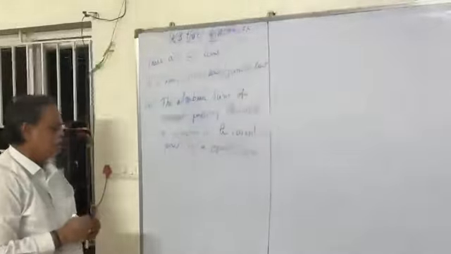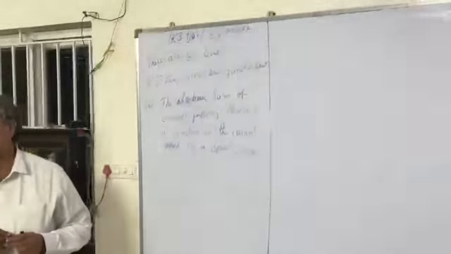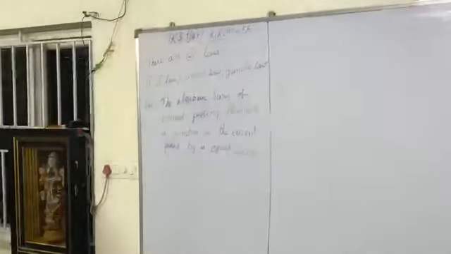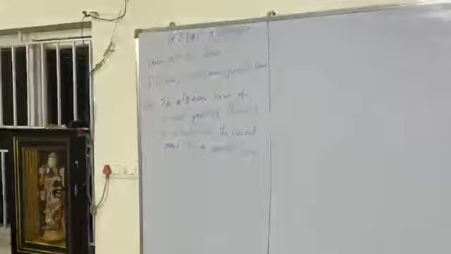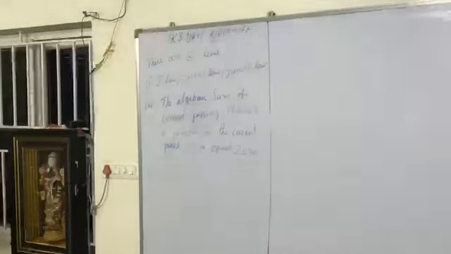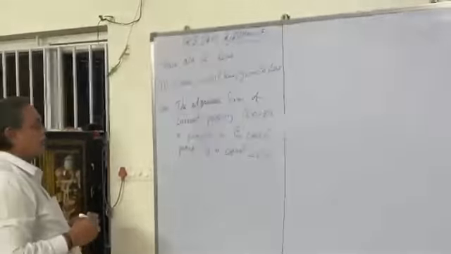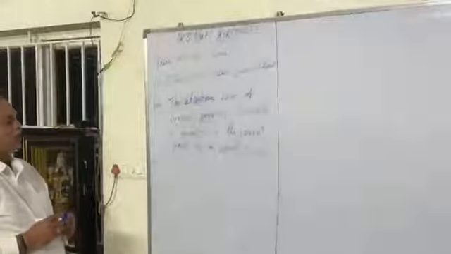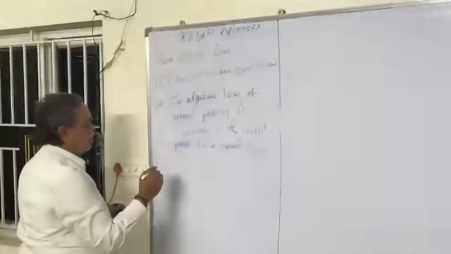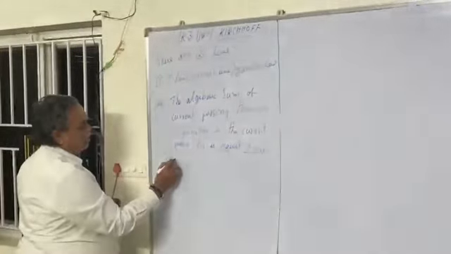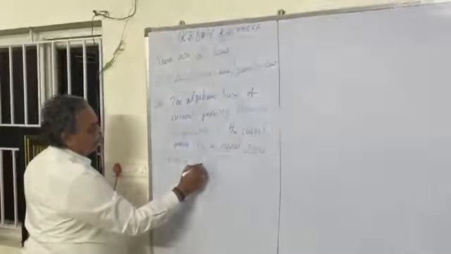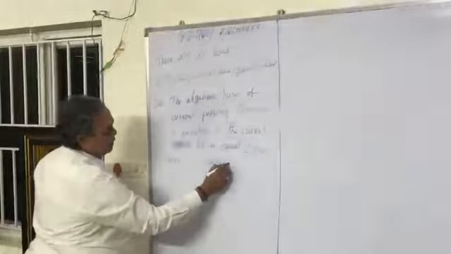What is a junction? What is an algebraic sum? The difference between sum and algebraic sum. We have learned this in quadratic equations. The sum is 1 plus 2 plus 3.